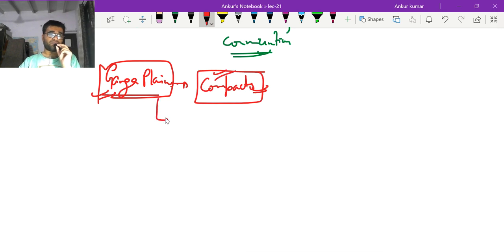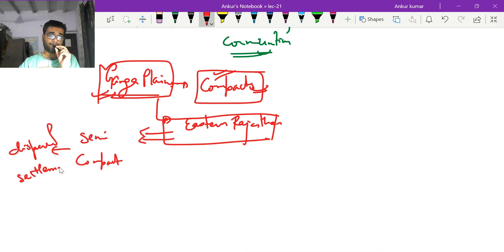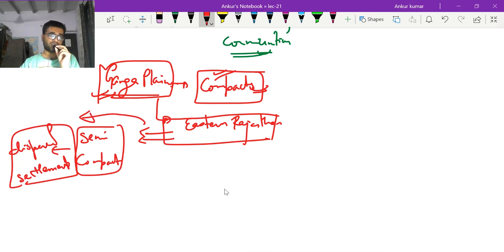For example, in eastern Rajasthan, all the settlements are compact. But as you move more westward in Rajasthan, the settlements begin degrading from compact to semi-compact first, and then to dispersed settlements. This is the degradation of settlements as you move westward in Rajasthan.